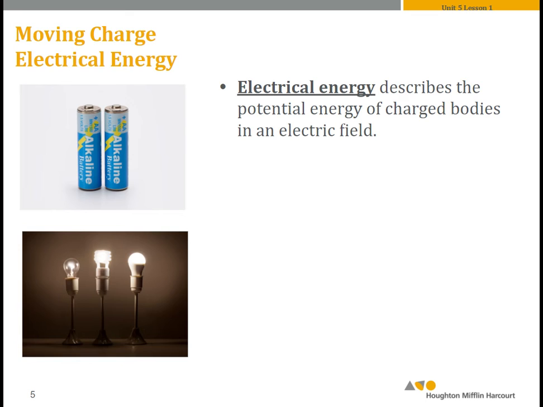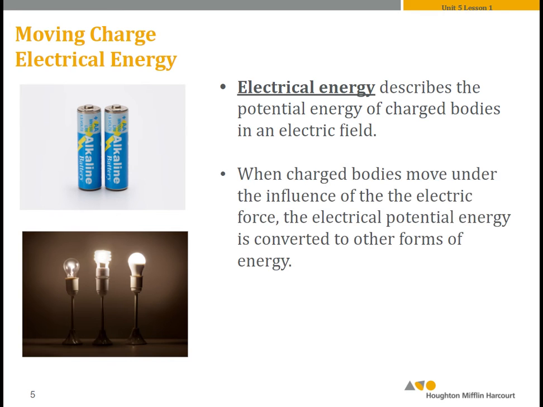So it can be small particles like electrons, or chemicals that are charged. They can be molecular ions that have excess electrons or missing electrons, and they cause electricity to be able to flow.